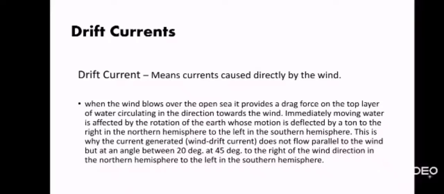This is why the current generated, a wind drift current, does not flow parallel to the wind, but at an angle between 20 and 45 degrees to the right of the wind direction in the northern hemisphere, to the left in the southern hemisphere.